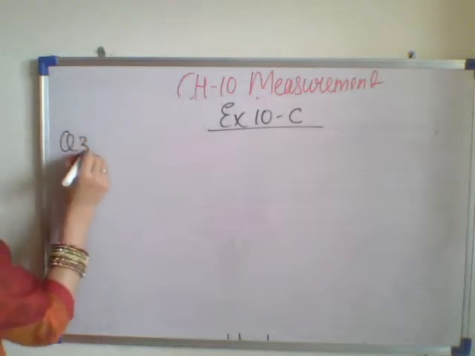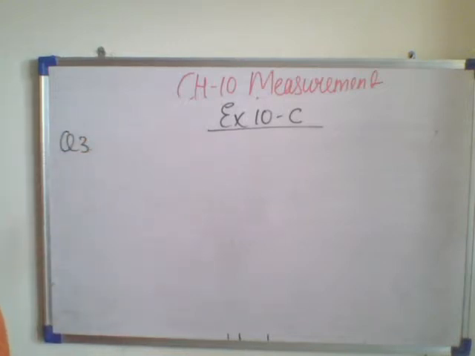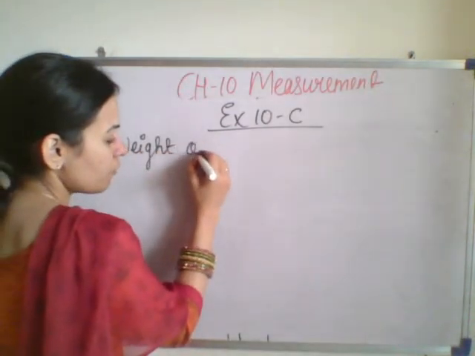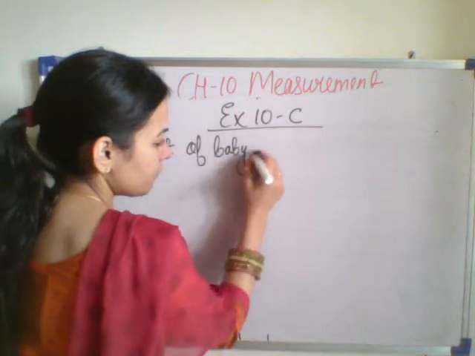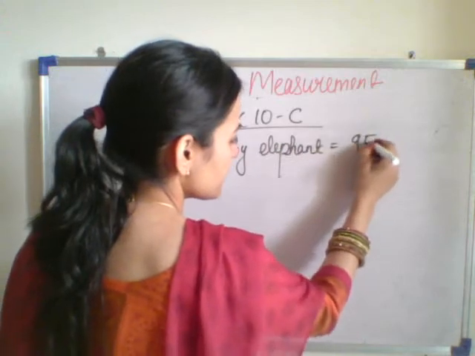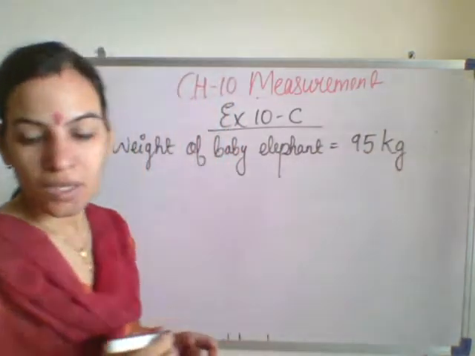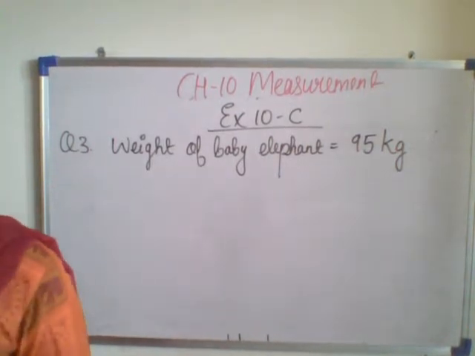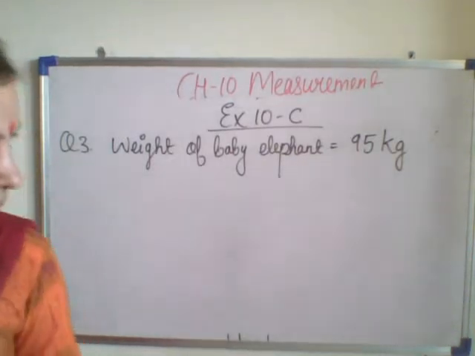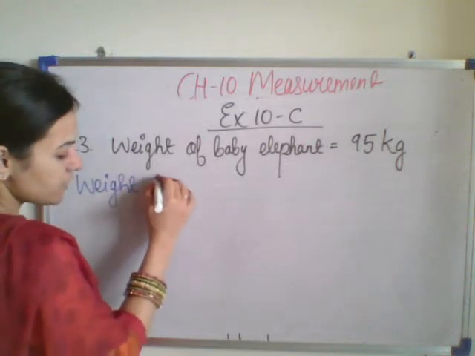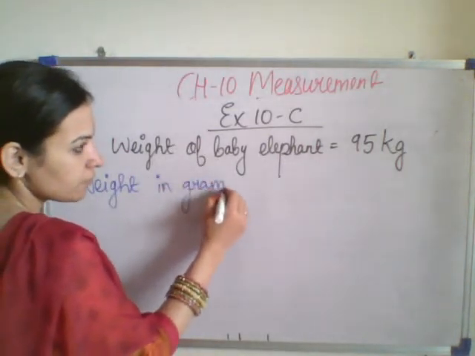Question number 3, you can see in your book: the weight of the baby elephant is given, it is 95 kg. We have to find its weight in grams. What will be the weight in grams?